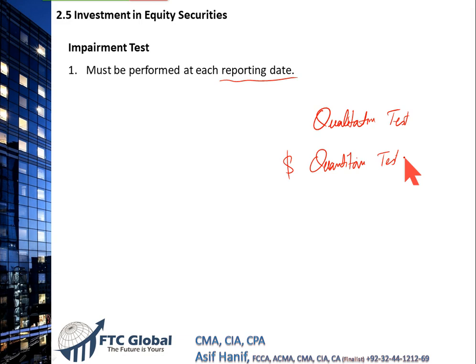Certain events will tell you, like if the company's financial performance is deteriorating, earnings per share is falling, the company has recently undergone a loan default, or there might have been a downgrade in credit ratings. So there will be some indication, some trigger that will tell you that the investment has impaired. So first is the qualitative assessment or qualitative test.